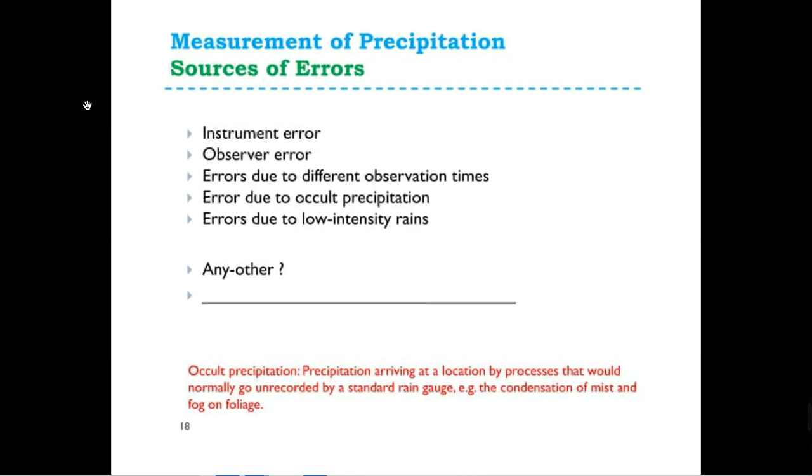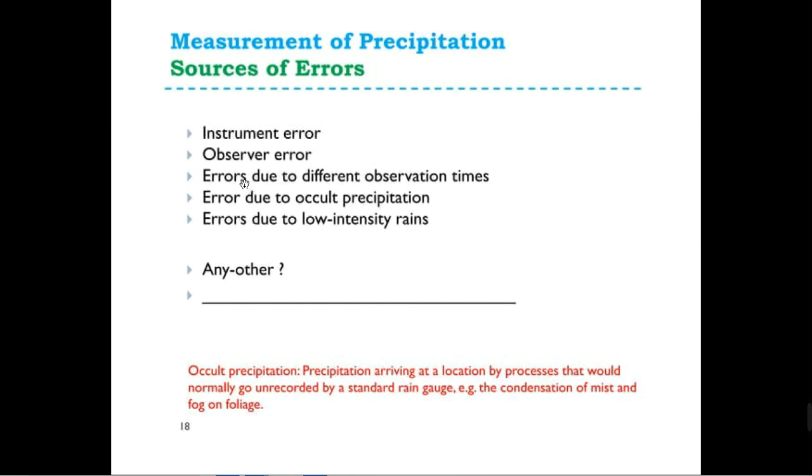These are the sources of errors in measurement of precipitation. I may ask the question: what are the sources of errors in measurement of precipitation?